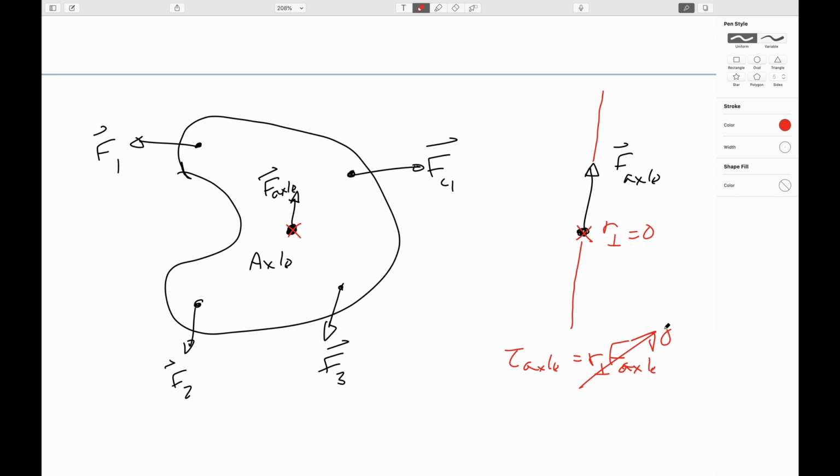But then if you're just trying to describe the net influence of all of the torques due to these forces, you just add them up. So we will define the net torque to be the torque due to the first force plus the torque due to the second force plus the torque due to the third force plus the torque due to the fourth force plus and such.